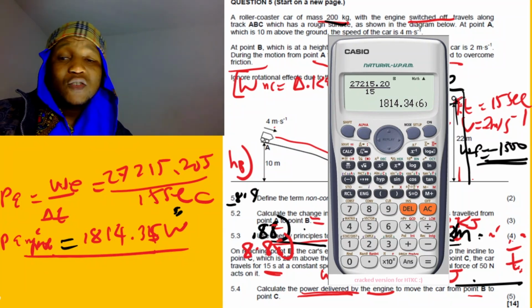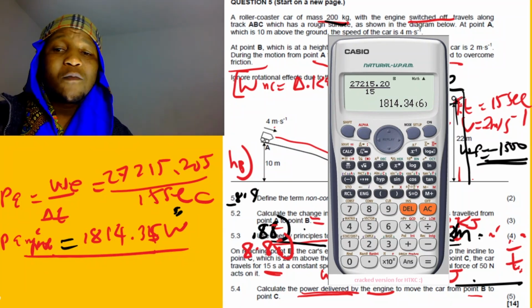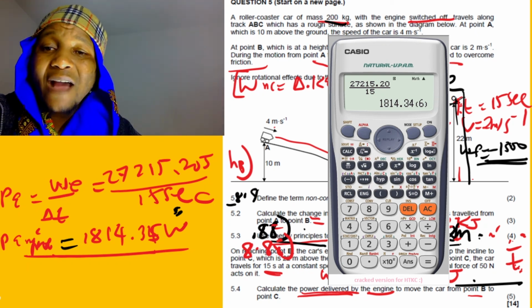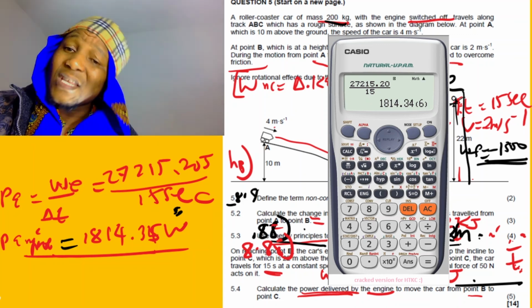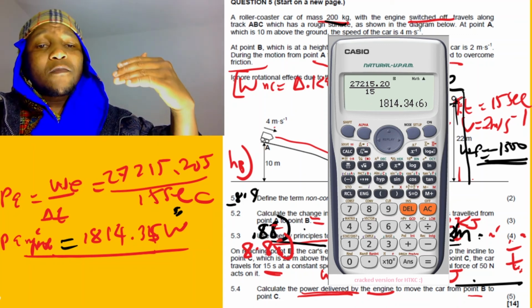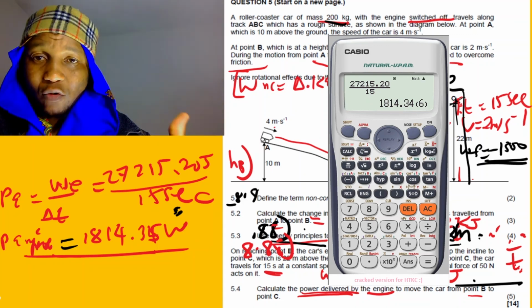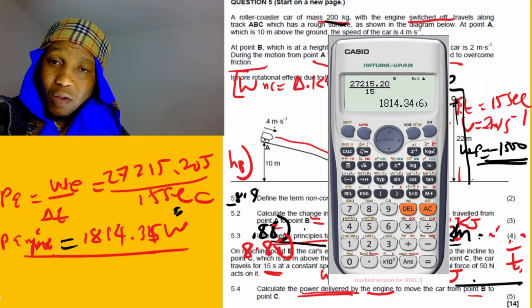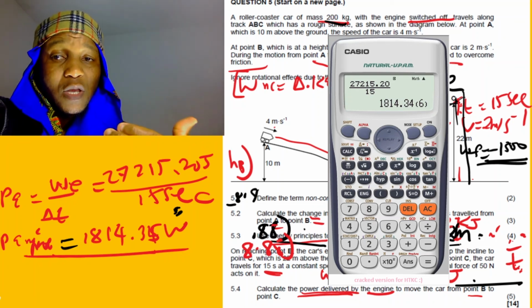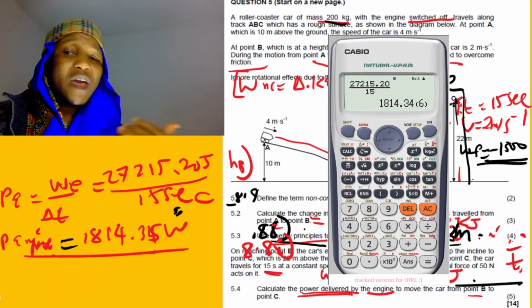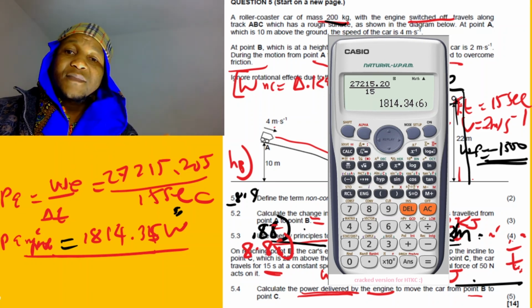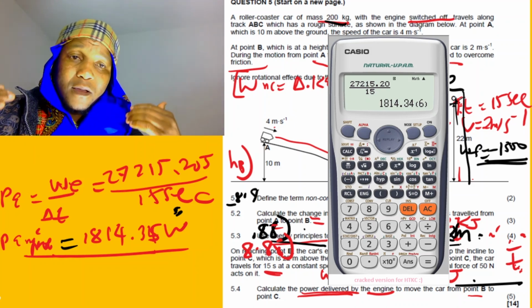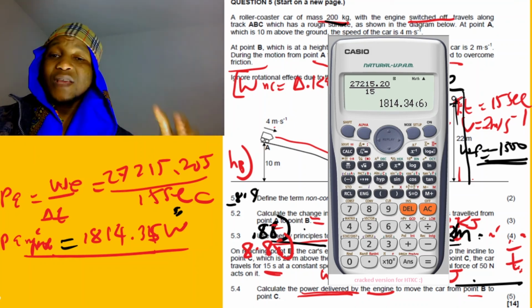I want to shout again to all the students from KwaZulu Natal. I got a lot of love for you because you always send me questions, trying to get help with equations. That's why I'm doing this from deep down my heart. If you come from a township or rural area, these programs are for you, because I know it can be very challenging for you to have access to quality education, because of the structure of the education system.